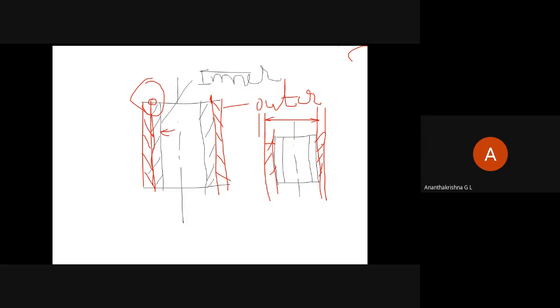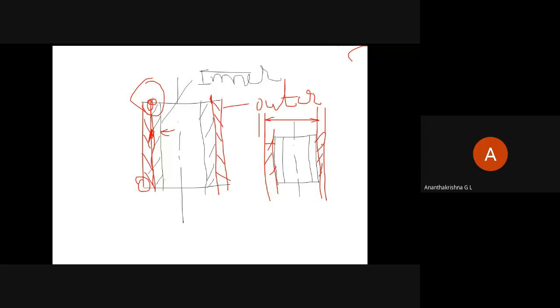Then the tangential stress at the inner surface of the outer cylinder, and the tangential stress at the outer surface of the outer cylinder. These are the stresses that will act, and then you are going to find the shrink fit also.